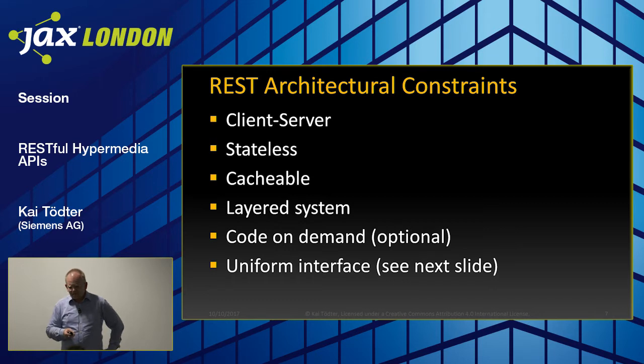Layered system, I already mentioned. If I'm a client calling a RESTful web service, even though I might think that the REST service is exactly behind the URL that I invoke, in reality it could be a layered system.